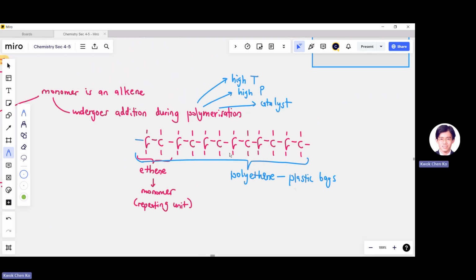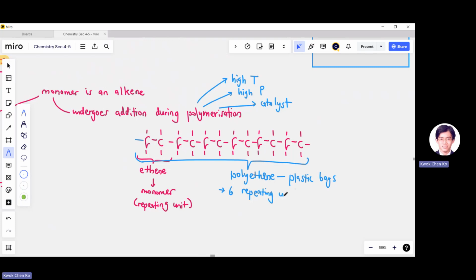Next question. How many repeating units did I draw? 1, 2, 3, 4, 5, 6. Okay, so I have drawn 6 repeating units.